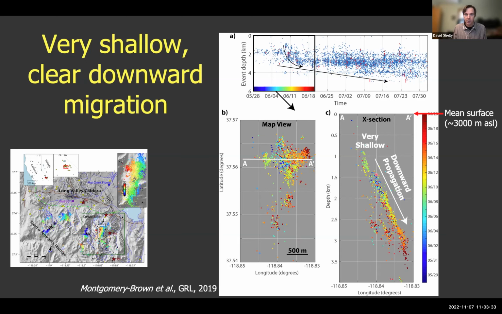And there's this clear downward propagation of seismicity that you can also see in this top plot. Top plot is event depth versus time. And the depths here are relative to the mean surface elevation, which is nearly 3,000 meters above sea level in this area. So these are quite shallow. Sea level would be down here.